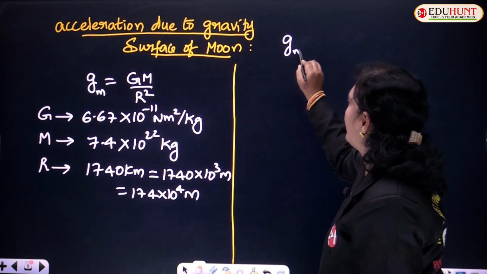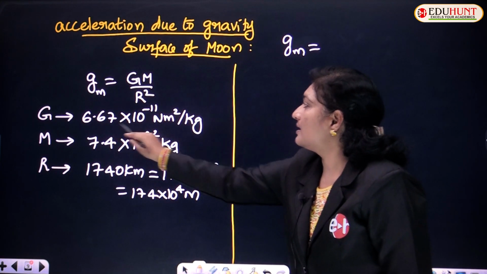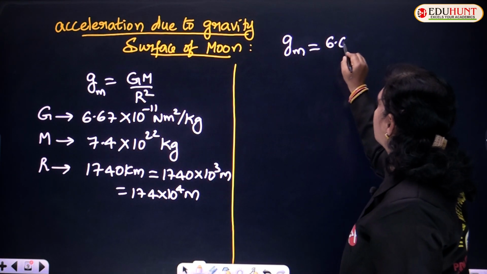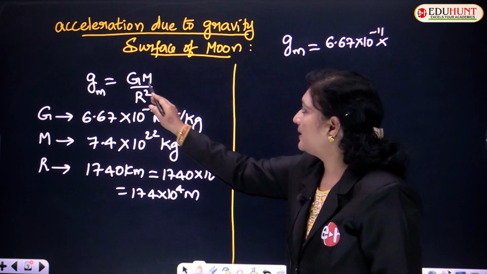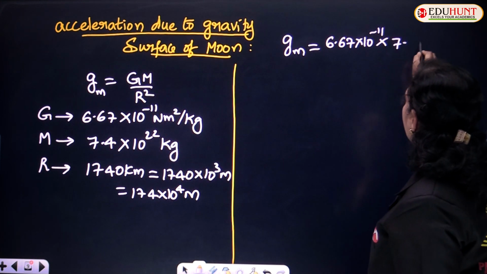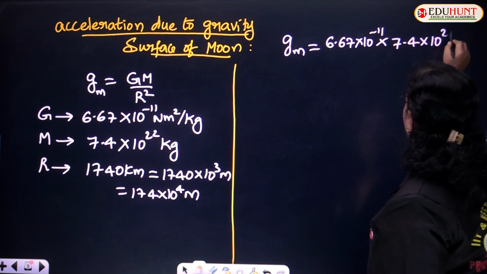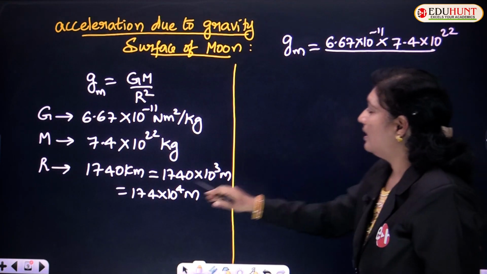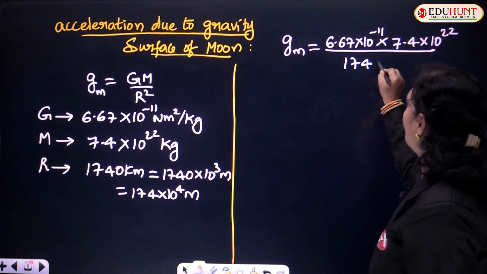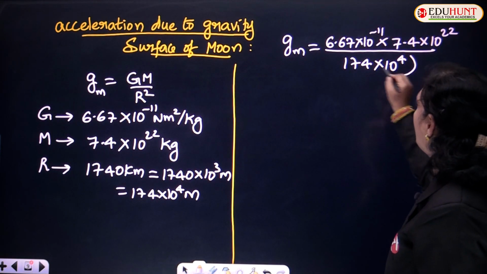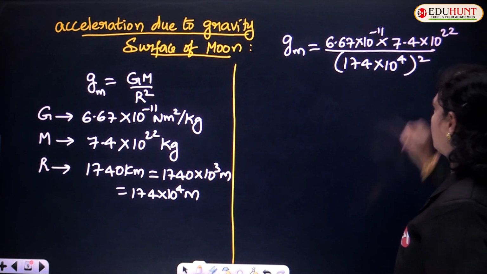So, the value of Gm is equal to 6.67 into 10 power minus 11 into 7.4 into 10 power 22 kg upon 174 into 10 power 4 whole square.